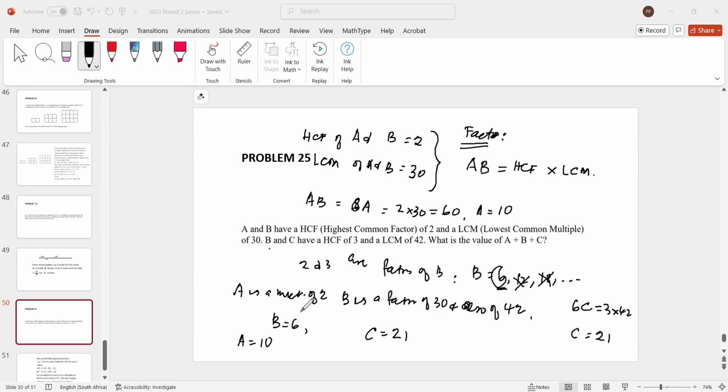If you do it like this, then you don't have to guess. Okay, so A is 10, C is 21, and B is 6. So when you add the three numbers up, you get 10 plus 6 is 16, plus 21 is 37. And that is the answer to the last question.